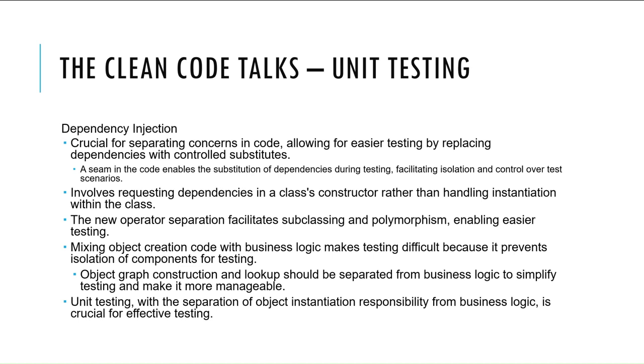Object graph construction and lookup should be separated from business logic to simplify testing and make it more manageable. Unit testing with the separation of object instantiation responsibility from business logic is crucial for effective testing.